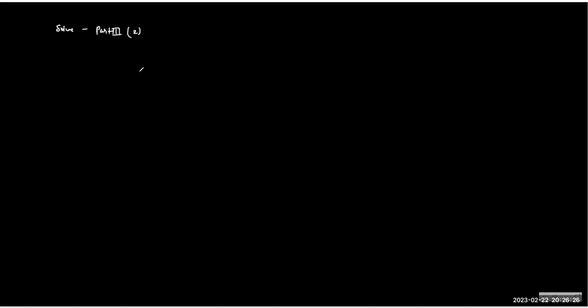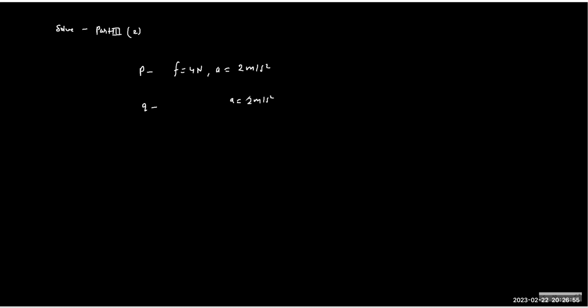So for P, what is the answer? Friction is? 4 Newton. And the acceleration is how much? 2 meters per second square. For Q, the acceleration is again 2, because it's the same answer.